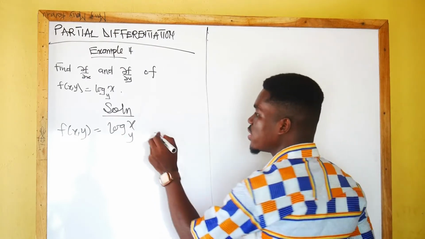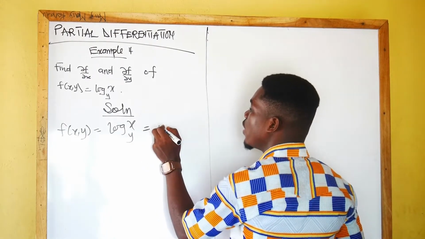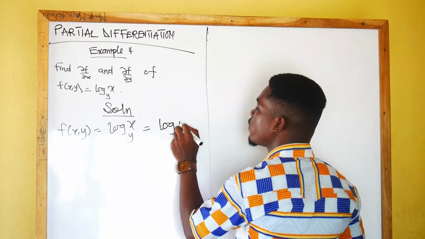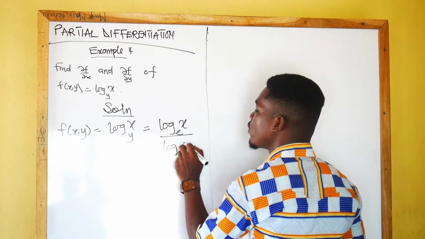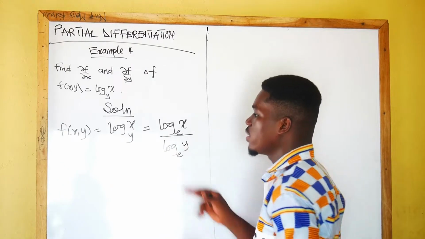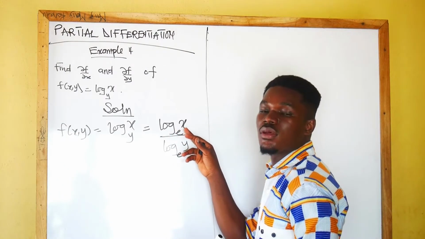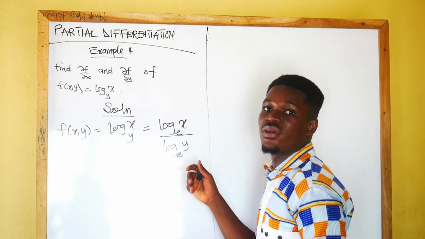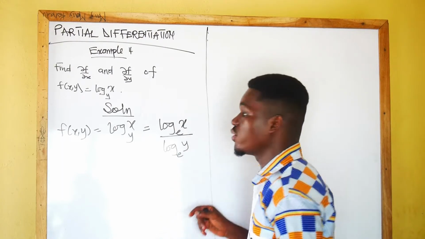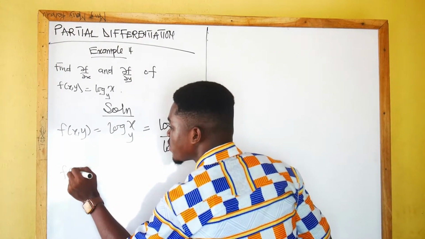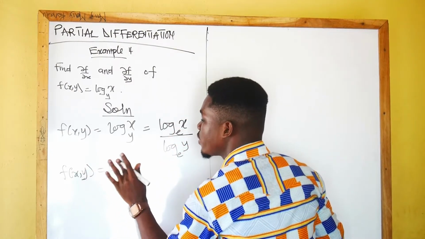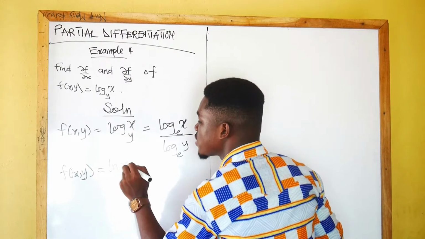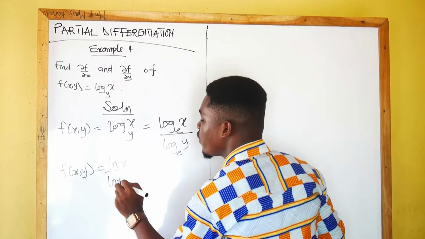So this is the same as the log of x to the base a divided by the log of y to the base a. But the log to the base of any value or variable is the natural log. So our f of x, y is given by ln of x over the ln of y.